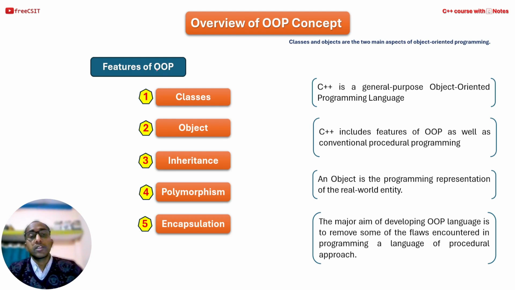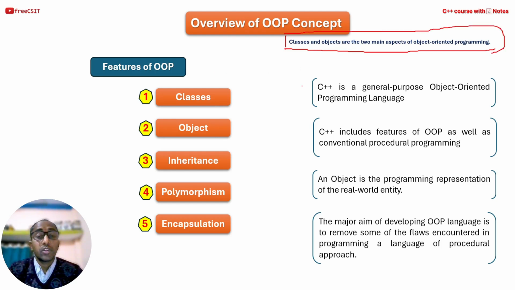So the overview of the OOP concept, I will show you its overview: what things are included and what the OOP concepts are. I have written some features here. You can see here, classes and objects are the two main aspects of the object oriented programming language. Since you are just beginning to learn object oriented programming, it is mandatory to understand what a class is, what an object is, how you can create a class, how you can create an object, and how you can call it.